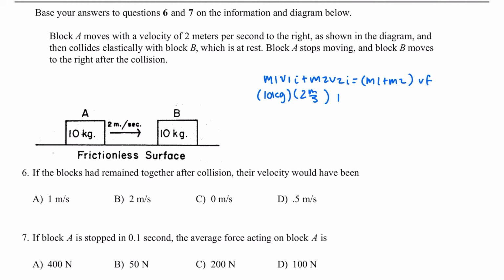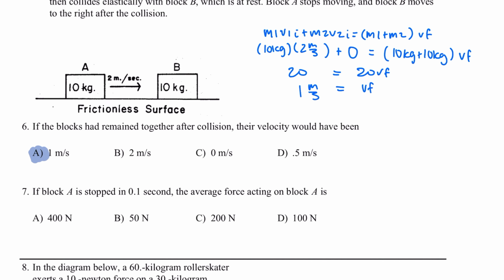And then the second block is at rest, so that's equal to 0. Then mass 1 plus mass 2, so 10 kilograms plus 10 kilograms, and then we're trying to solve for final velocity. So this is 20, and that equals 20 vf, so that means vf is 1 meter per second. So our answer is going to be choice A.